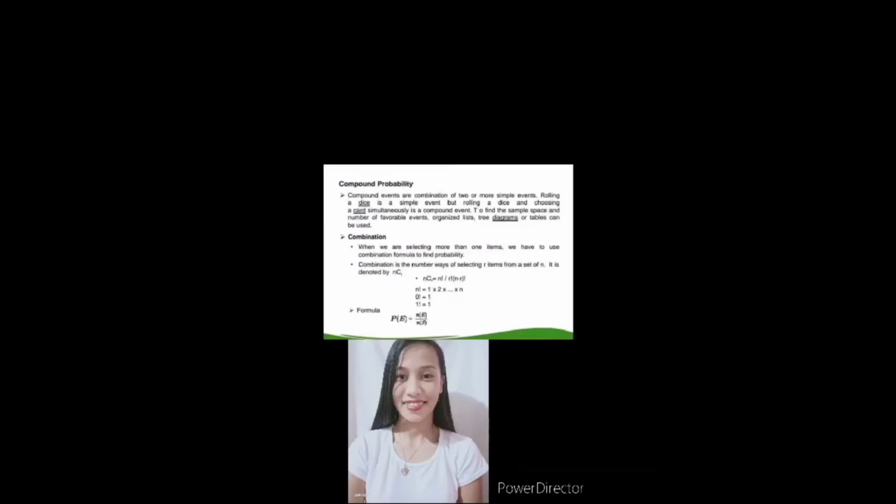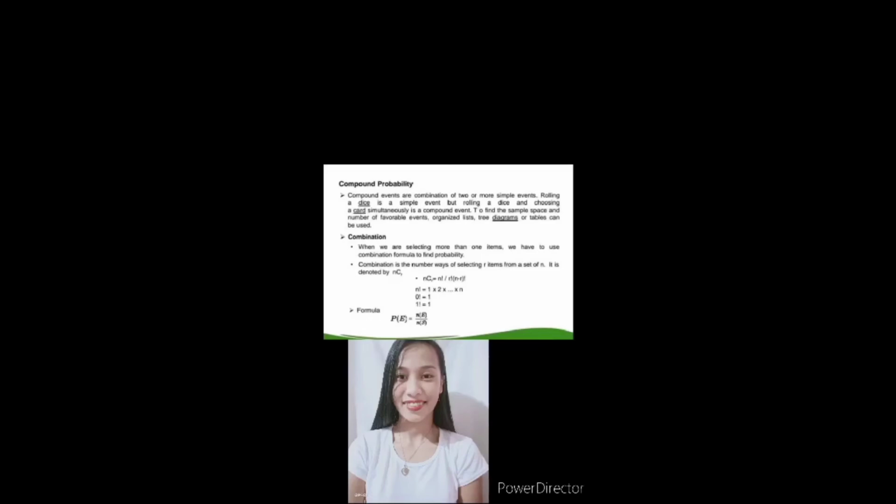When we talk about compound probability, compound events are combinations of 2 or more simple events. Example, rolling a dice is a simple event, but rolling a dice and choosing a card simultaneously is a compound event. To find the sample space and number of favorable events, organized lists, tree diagrams, or tables can be used.